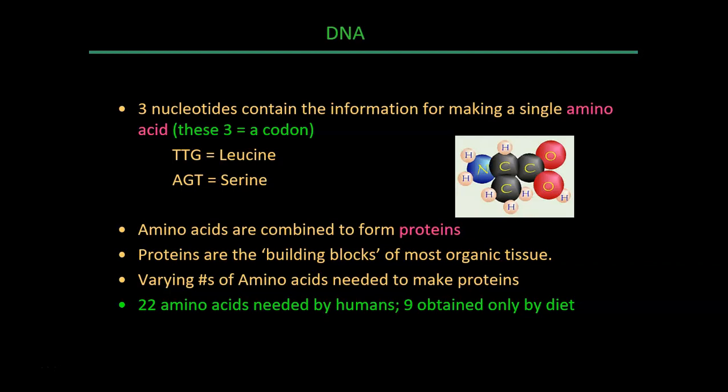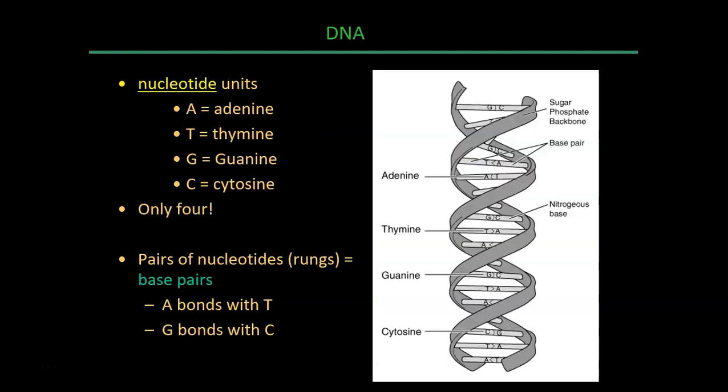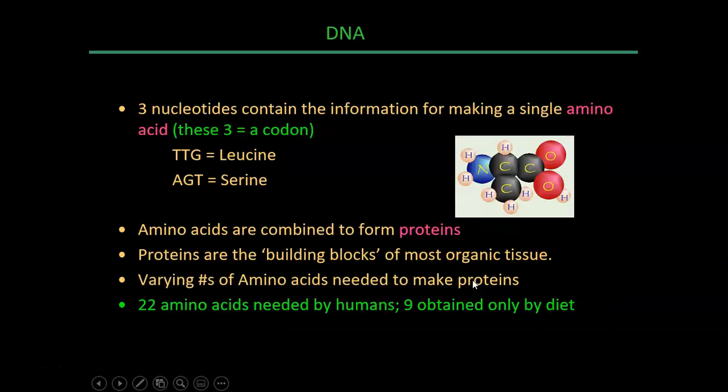Okay, so rolling back a slide here, we go from these nucleotides, the pattern in the nucleotides, 3 of them are the right recipe for making one of these amino acids, in this case like a T and a G along that DNA molecule spells the recipe for telling the cell how to make a leucine, which is one of the amino acids.